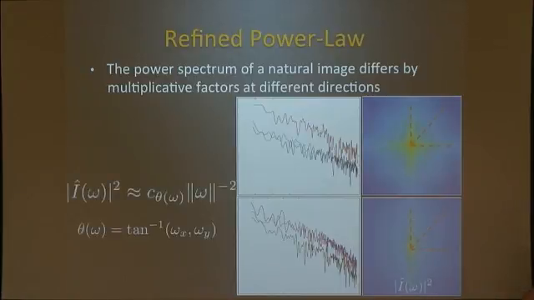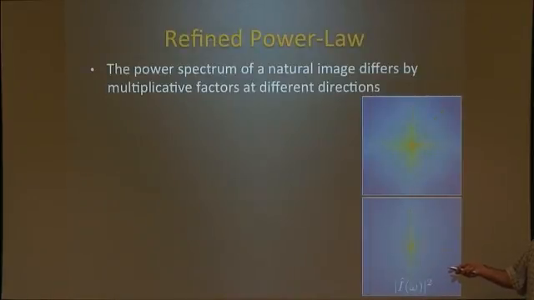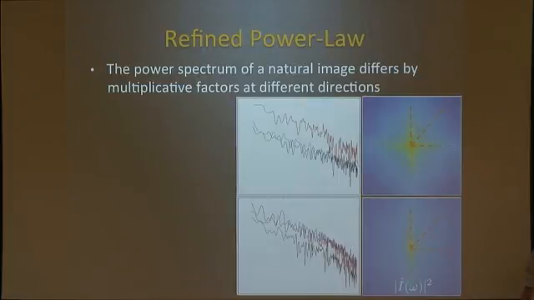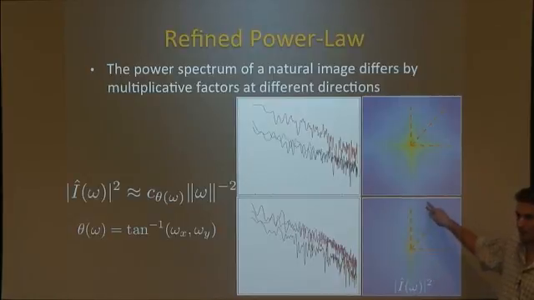Which explains why this model was used so frequently. So there's some small deviation from that. And we use this model of the power spectrum of natural images to model the recovery of the blur kernel. So we assume that there is some scalar C that depends on the angle theta, which we can recover from the coordinates of the Fourier mode, right? It's the inverse tangent.